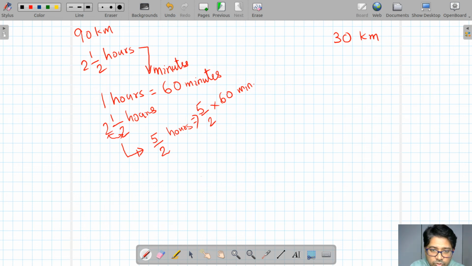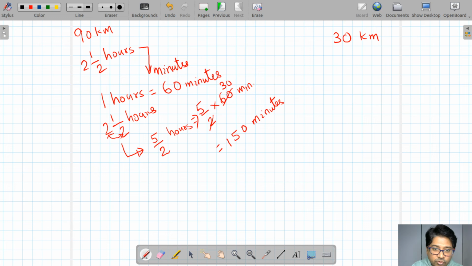Okay. So we will divide this as 30 and 60, and you can multiply 5 into 3, 15, which means 150 minutes. So this many hours is equivalent to 150 minutes.